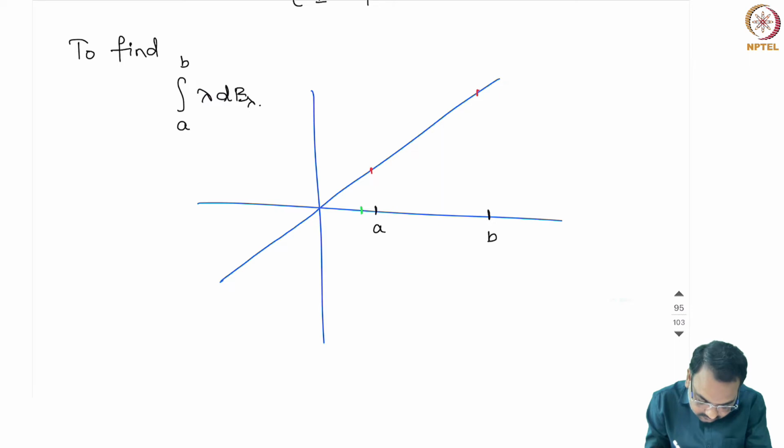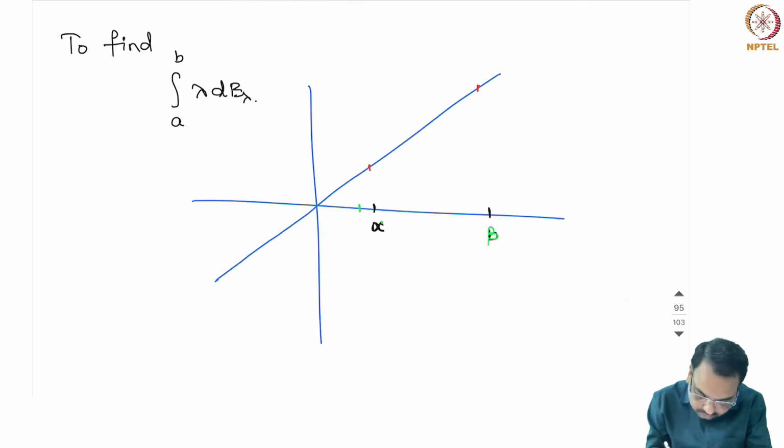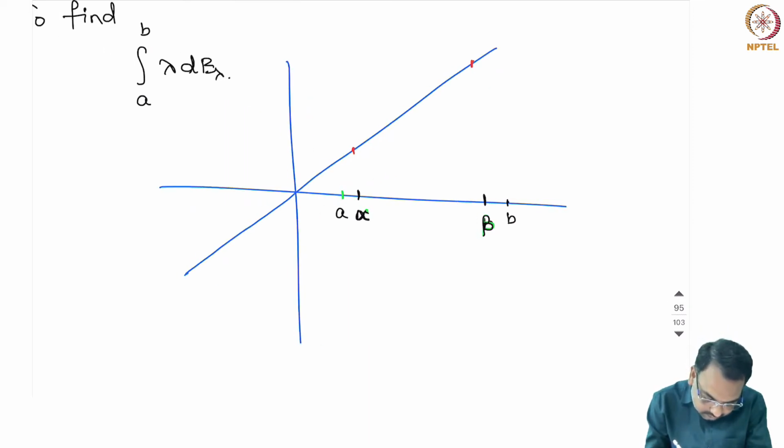Let me take this as alpha and this as beta, so this is A and this is B. Okay, now let us look at a partition where alpha is a midpoint.